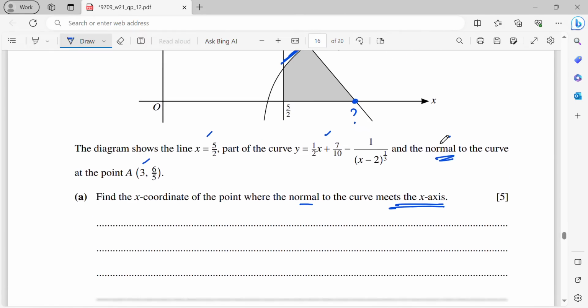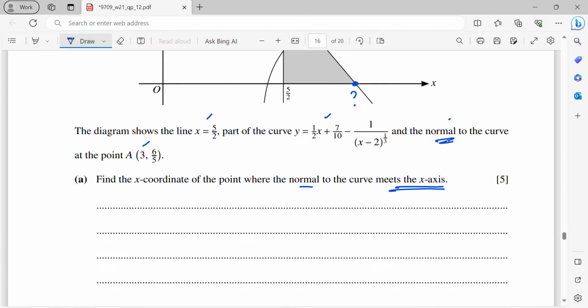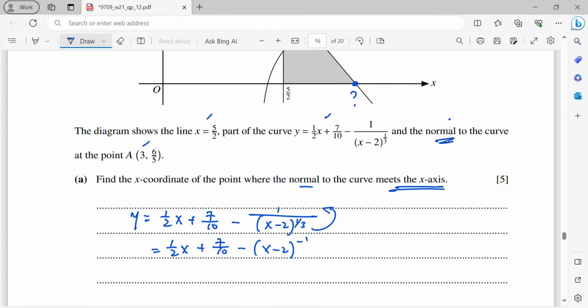So it means that I need to differentiate, because dy/dx is the gradient of the tangent. So now my y is half x plus 7 over 10 minus 1 over (x minus 2) to the power of 1 over 3. So this denominator will be moved up. Then I will write this as 1 over 2 x plus 7 over 10 minus (x minus 2) to the power of negative 1 over 3.